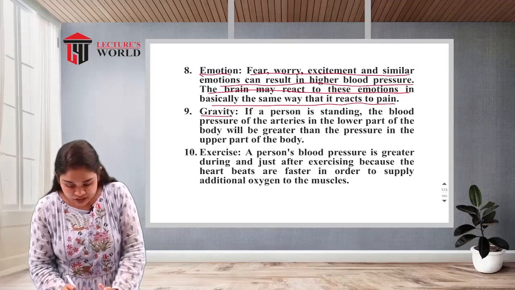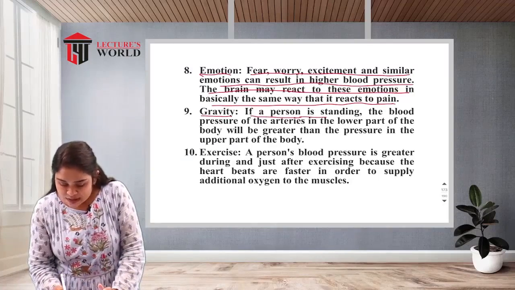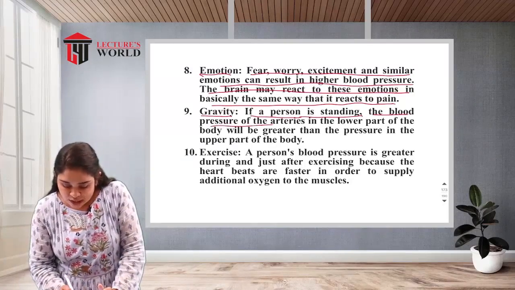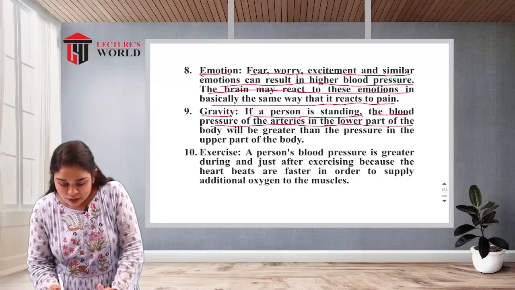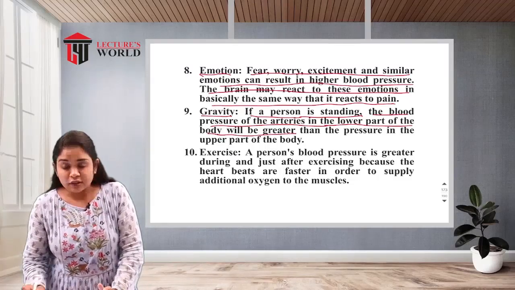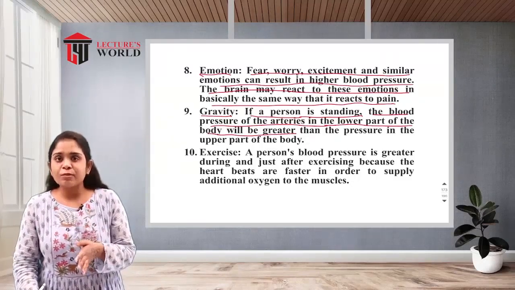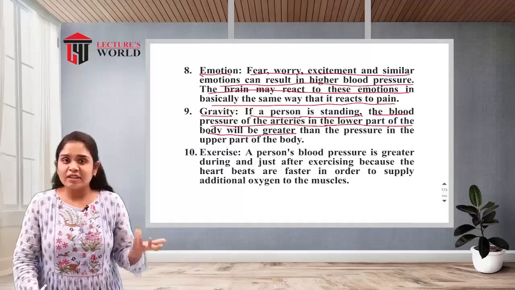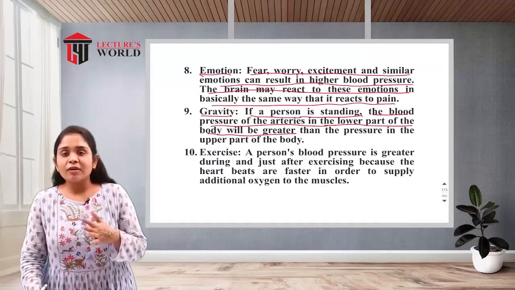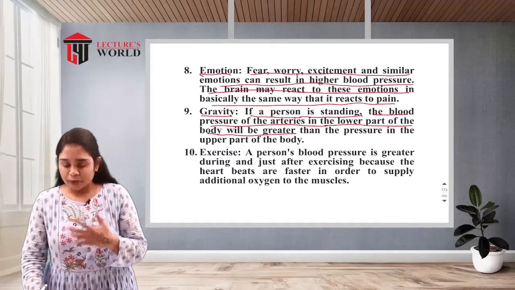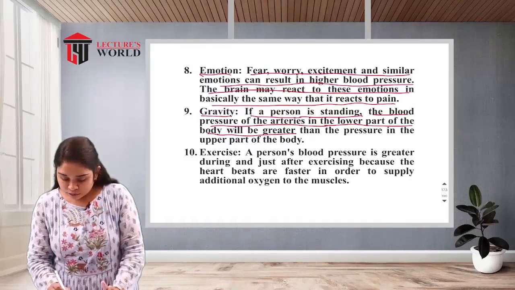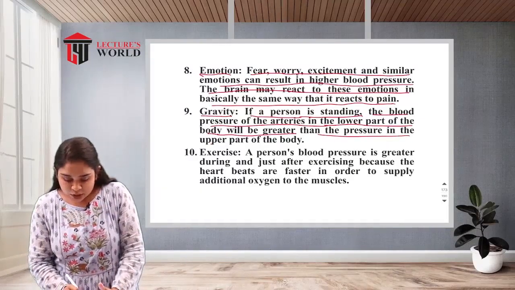Then after that, gravity. If the person is standing, the blood pressure of the arteries in the lower part of the body will be greater. If a human is in a standing position, because of gravity, the artery pressure in the lower part will be more than the pressure in the upper part of the body.